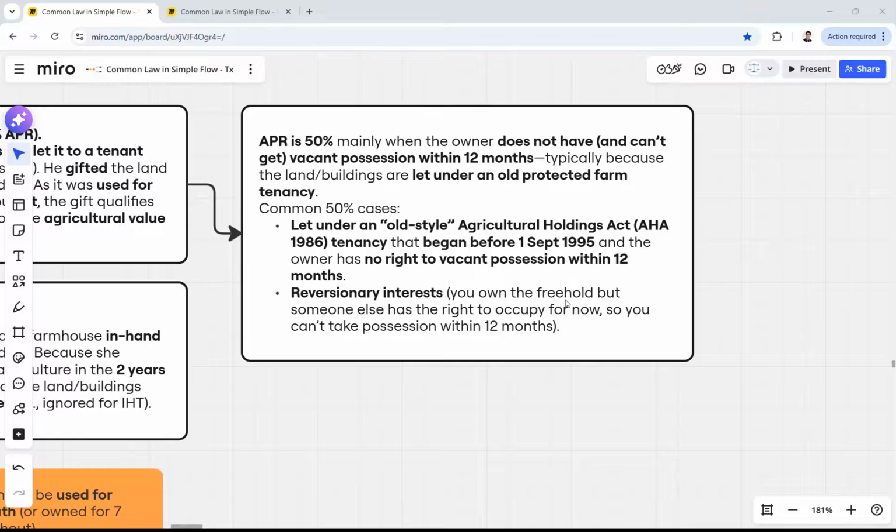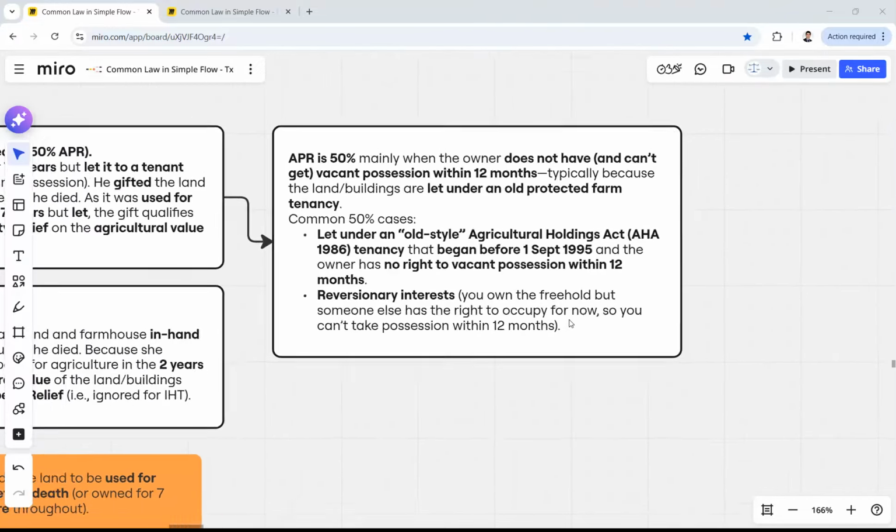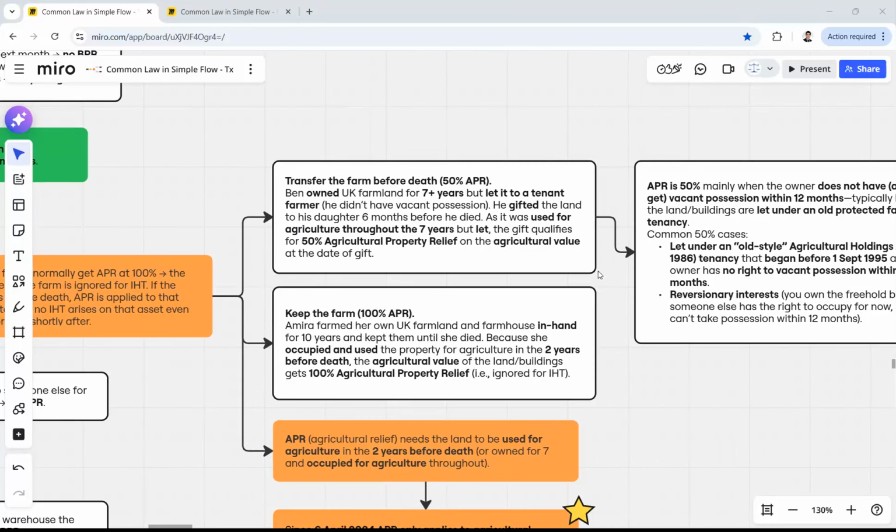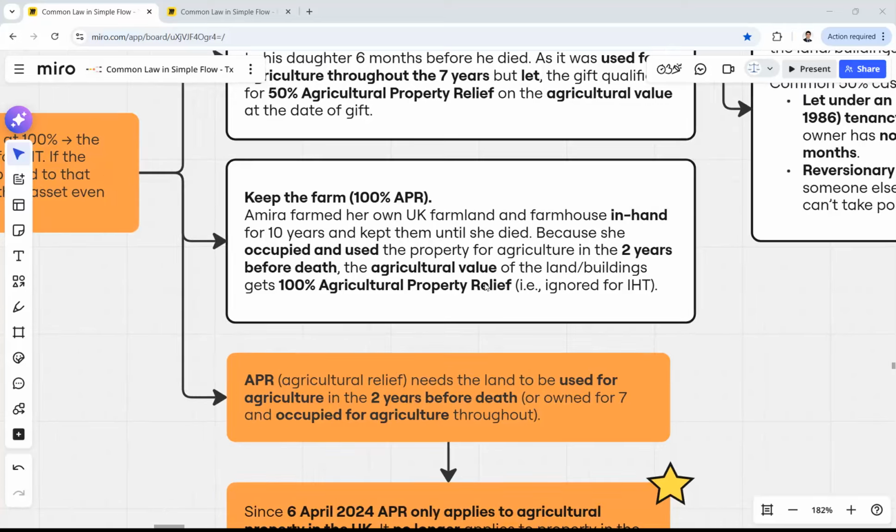Reversionary interest: you own the freehold, but someone else has the right to occupy for now, so you can't take possession within 12 months. So if you are the owner, but you didn't have possession for the last 12 months, then you get only 50% APR.